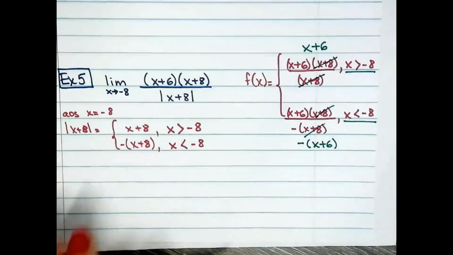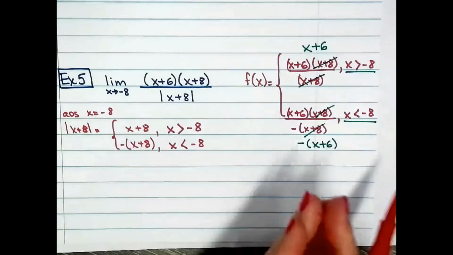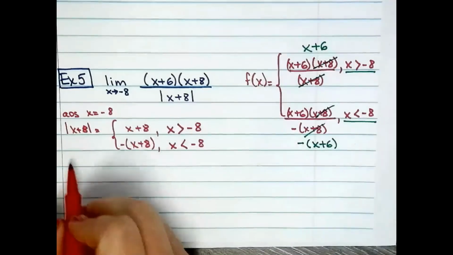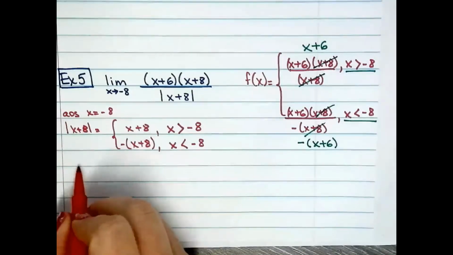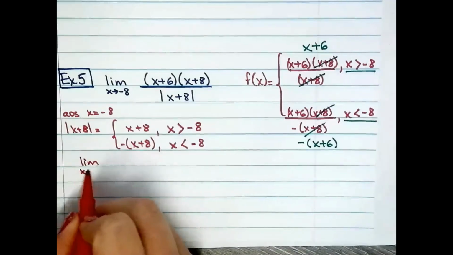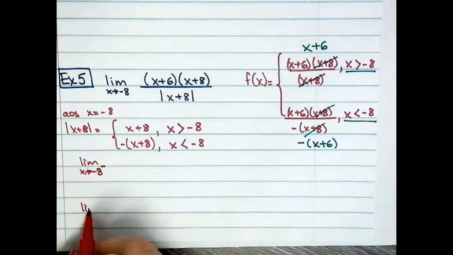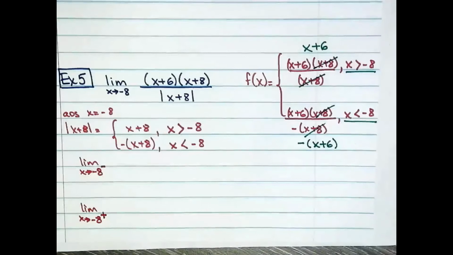If the limit approaching from the left and the limit approaching from the right are the same. So, and that's what we're going to have to do. So I will find the limit as x approaches negative 8 from the left, and I will find the limit as x approaches negative 8 from the right.